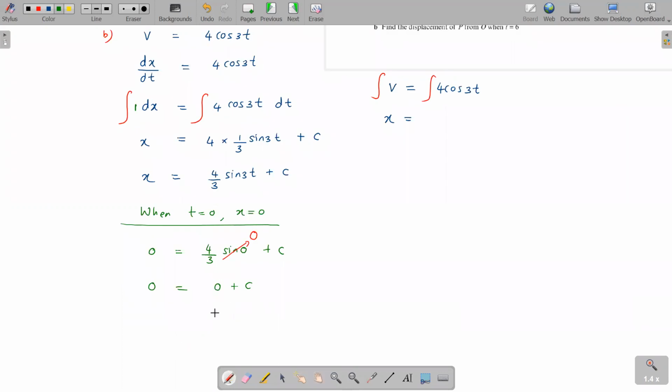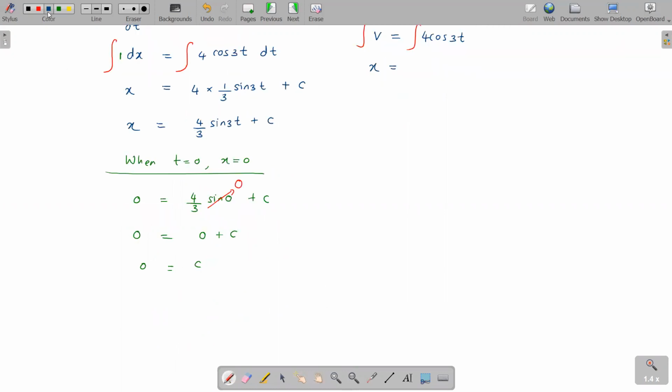So I end up getting c equals 0. Agreed? So let's input that back into our equation. The final equation is x equals 4 over 3 sine 3t. So this is the equation relating x and t. Is that clear?